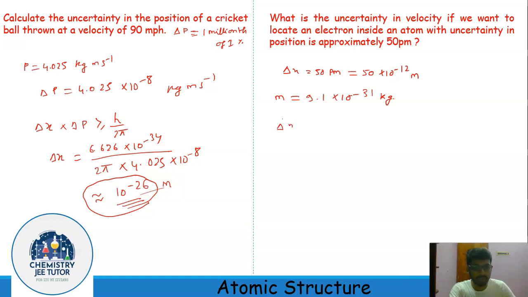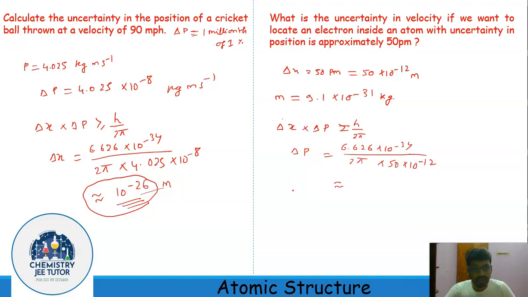From the Heisenberg uncertainty principle, delta X into delta P should be equal to h by 4 pi, or my delta P should be 6.626 into 10 to the power minus 34 divided by 4 pi into 50 into 10 to the power minus 12.